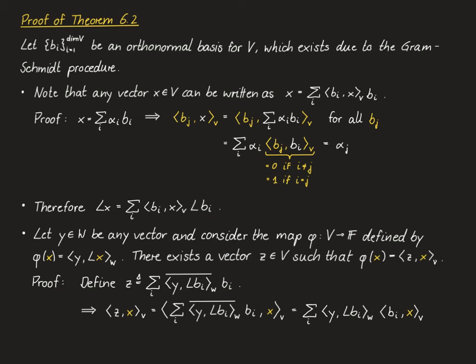And now, by linearity in the second argument of this inner product, we can pull these scalars inside of this inner product, the result of which is this expression, where we now realize that the second argument of this inner product equals exactly the expression for Lx. And so we get exactly the desired result.